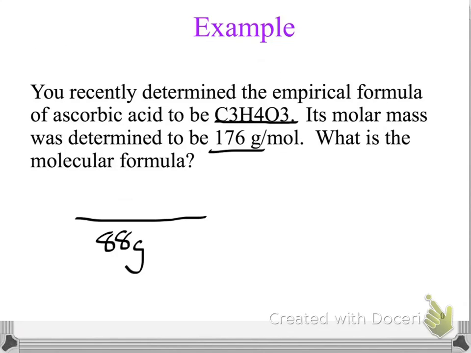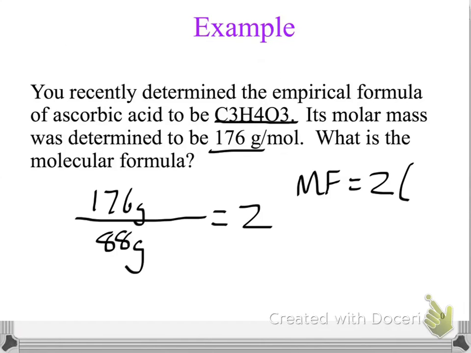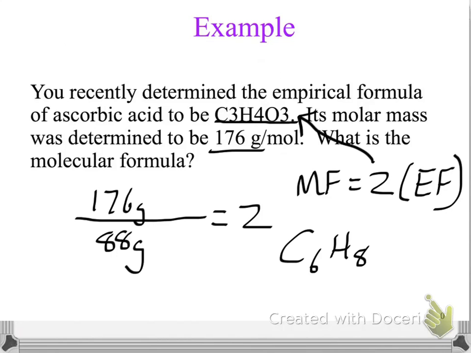And we're going to take the molar mass, 176 grams, divided by 88, and that gives you 2, this multiplying factor. So what that means is the molecular formula is equal to 2 times the empirical formula. And if our empirical formula was C3H4O3, then our molecular formula is going to be C6H8O6.